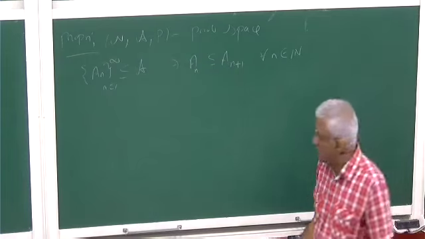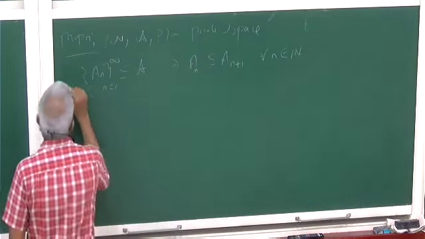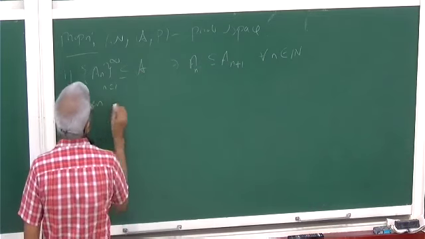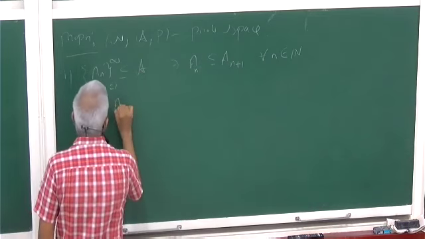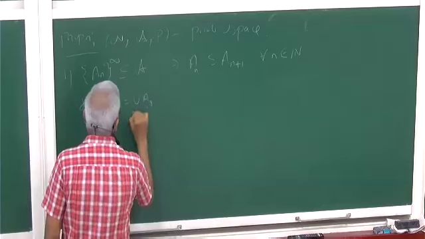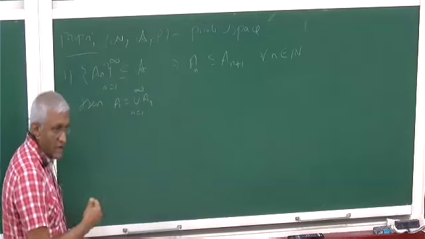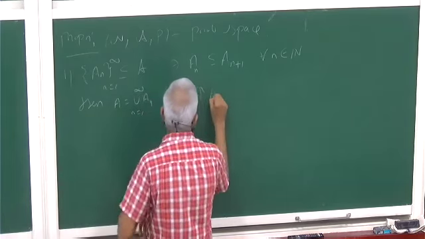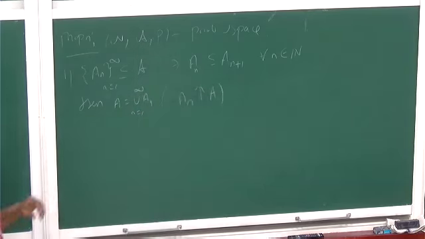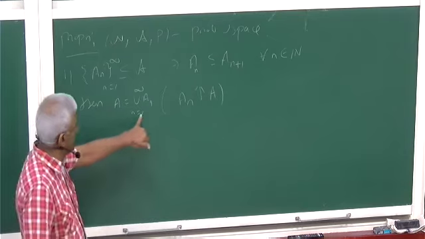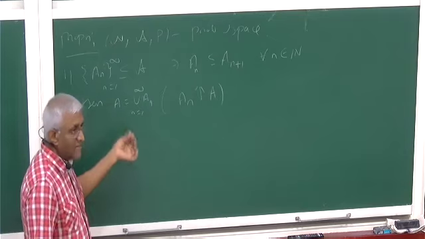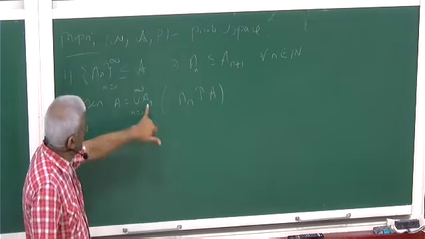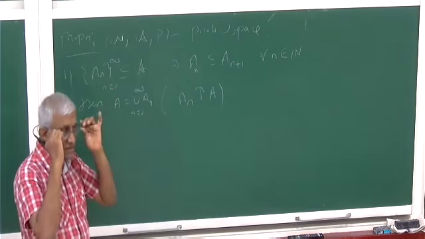Then A equal to the union of An. This is written as An increases to A. That is, An is contained in An plus 1, contained in An plus 2, and the whole thing increases to A. You just take the union. This is just all elements in omega which are in any one of those An. That's what it means.